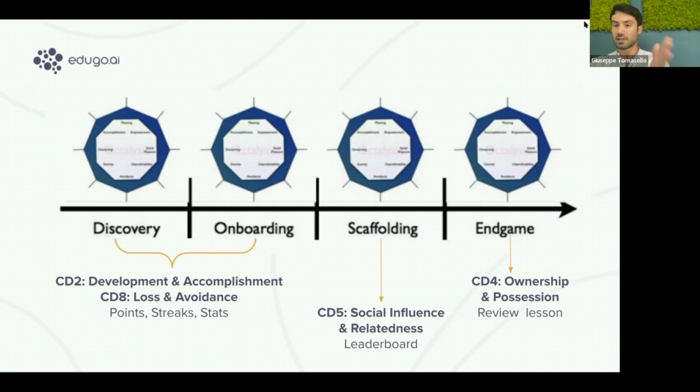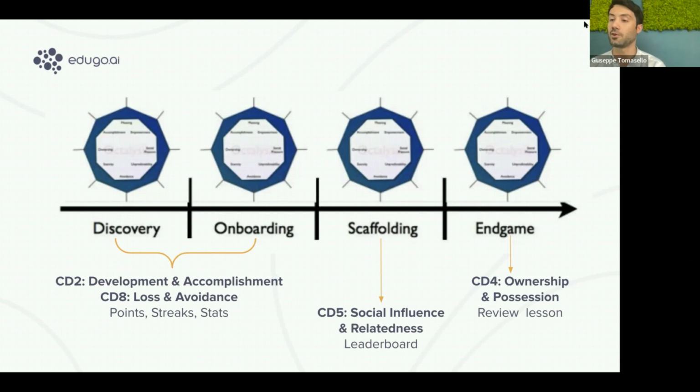It does the lesson, so you have all these points and streaks that make the student very excited. But at the end, it will ask to create a profile. And the student, if they don't want to lose all this progress already made, will want to create the profile. So we're also using loss avoidance in order to push the student to create the profile.